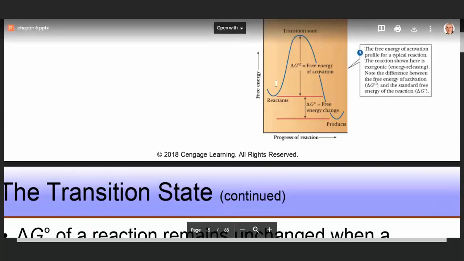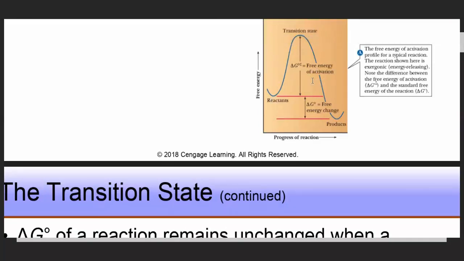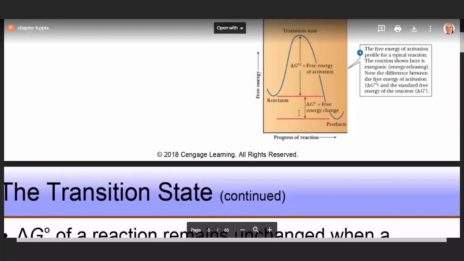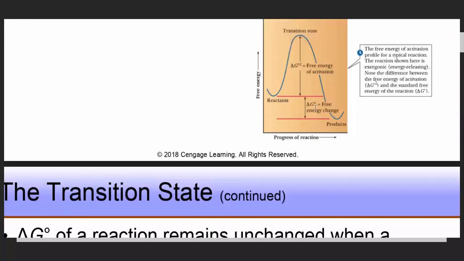So the difference between energy of reactants and the transition state is called free energy of activation. And the difference between energy of products and energy of reactants is called the free energy change, or delta G naught. This is carried out under standard condition.